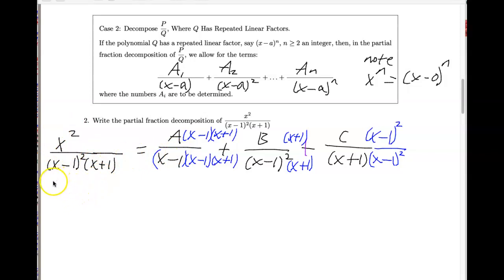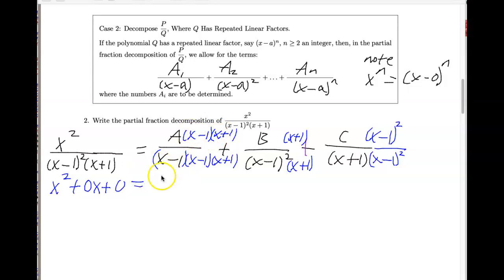So I'll be left with x squared, and again I'm going to write this as x squared plus 0x plus 0, because I want to make sure that everything on the left is exactly the same as on the right.